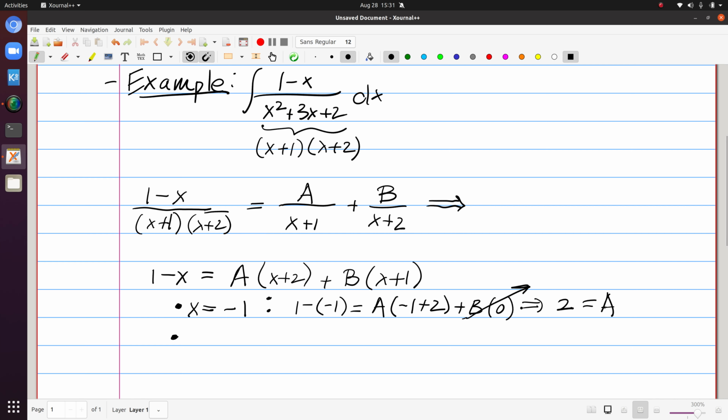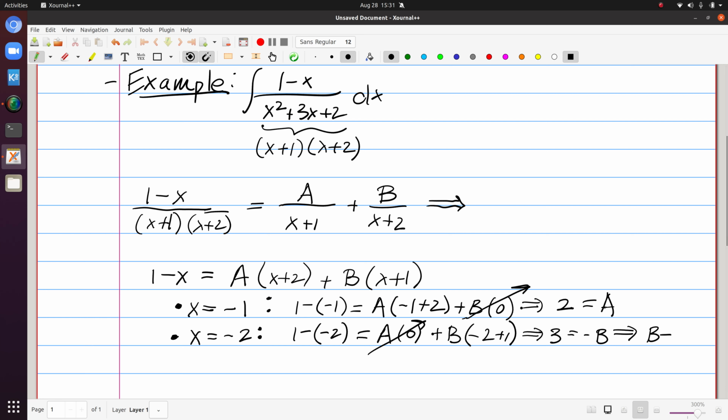If I plug in the other root, in this instance minus 2, on the left-hand side I get 1 minus a negative 2 equals A times 0, so effectively removing A from consideration, even though we know A is 2, plus B times minus 2 plus 1. So this gives us 3 on the left side equals minus B. Consequently, B is equal to negative 3.